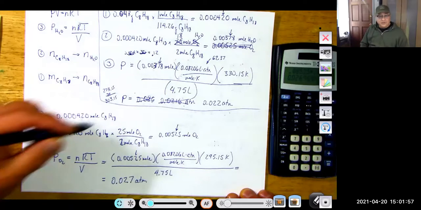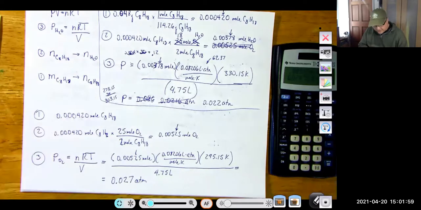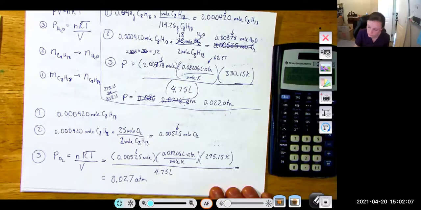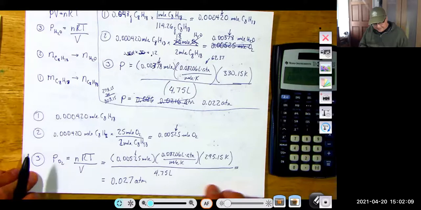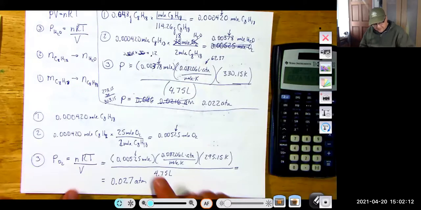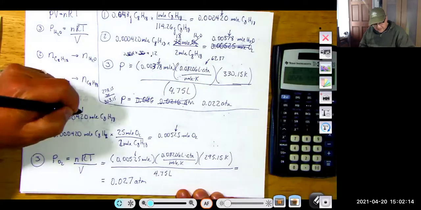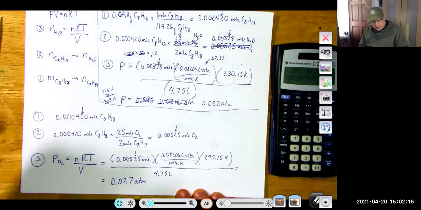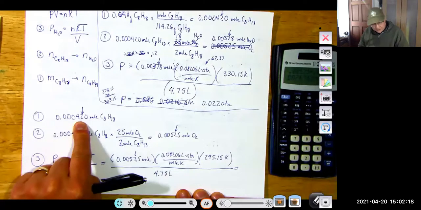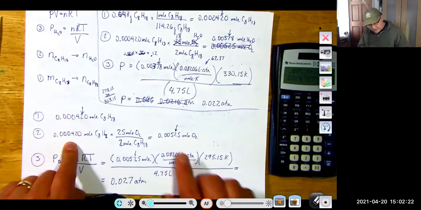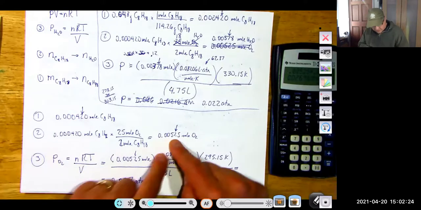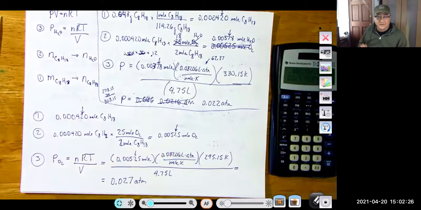So I get 0.027 atmospheres with 2 sig figs because this 0.00525 is only good to that second two. It is? Okay. Yeah, because of the way we calculated it. This is only good to that two, which is 2 sig figs. So when I use this here, this is only good to 2 sig figs, but we don't round till the end.